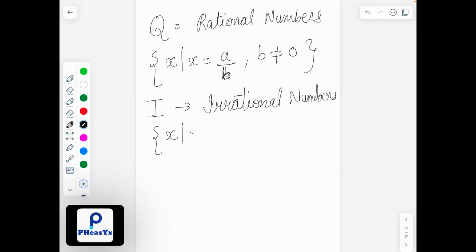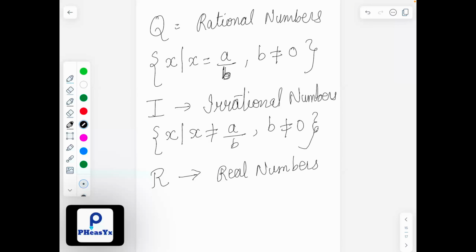So all x which are not in the form of a by b, where b cannot be 0. And the last set is R, which means real numbers. Real numbers are all rational numbers and irrational numbers. So we can write it as Q union I.